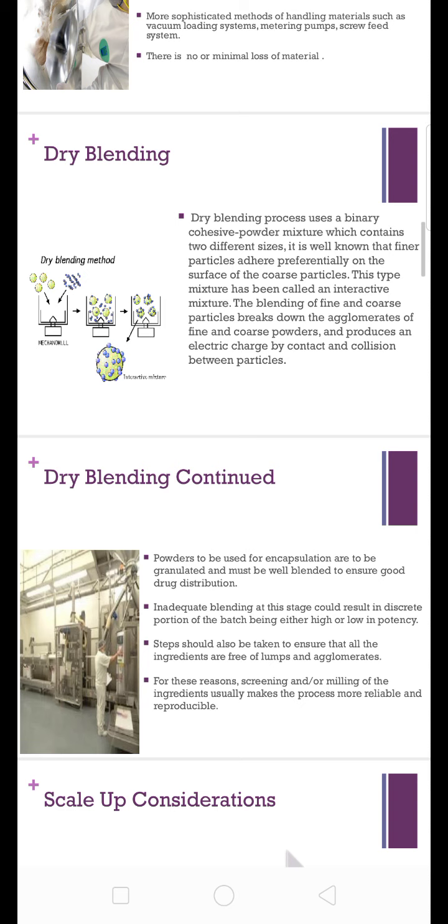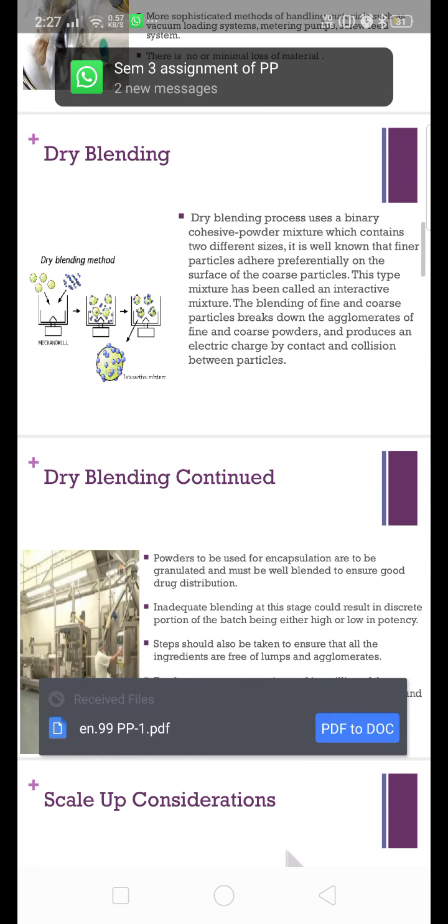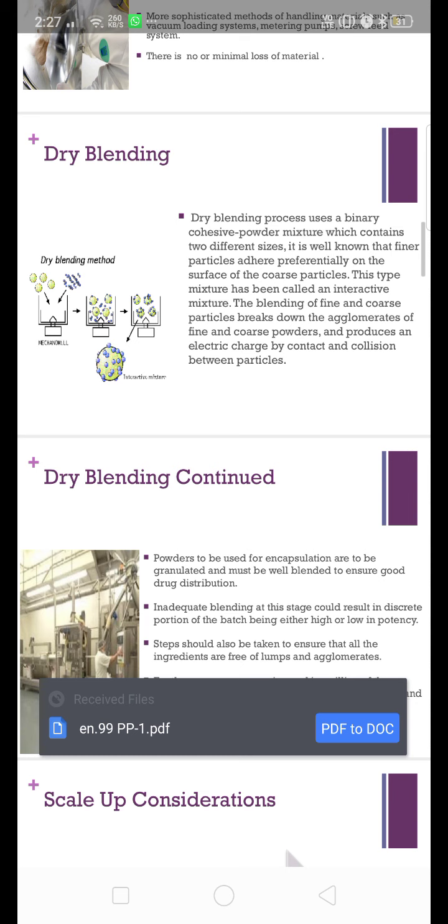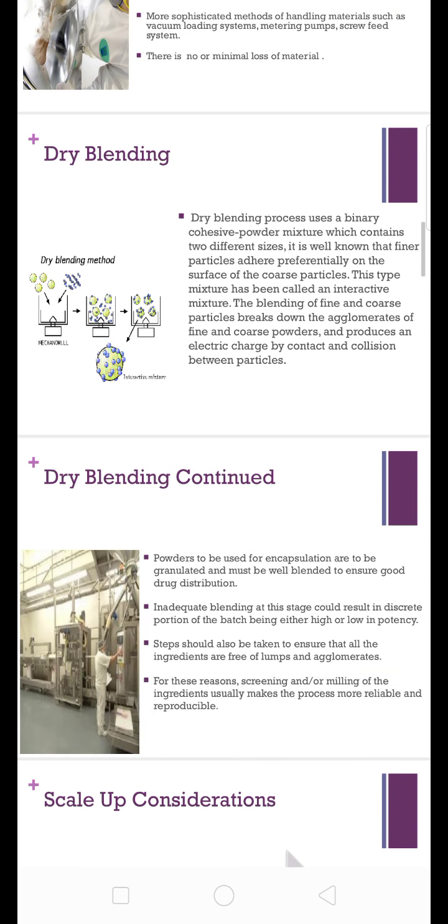What is dry blending? As we have discussed, the dry blending process uses a binary cohesive material, which contains two different sizes of material, and they may be finer also. Because of the fine material, they adhere on the coarse surface. So, as shown in the figure, the fine materials adhere on the coarse material, and it leads to the agglomeration of the fines and coarse.